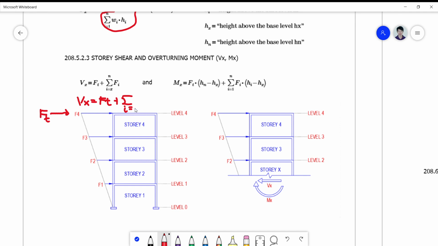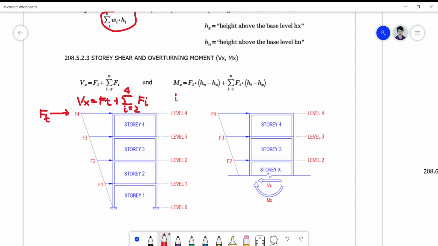I start with 2 going to 4, I have a 4 story. So that is story 2 to 4 of Fi. So take note of how to use the subscript and the range variables.